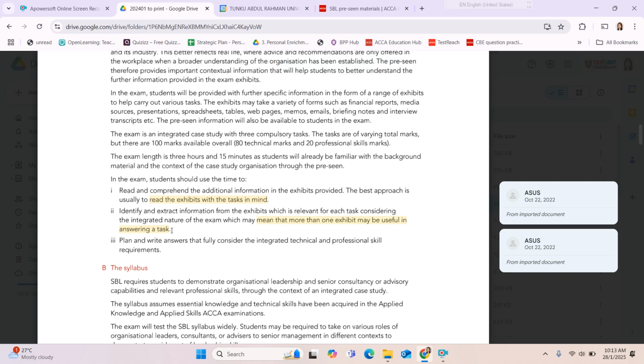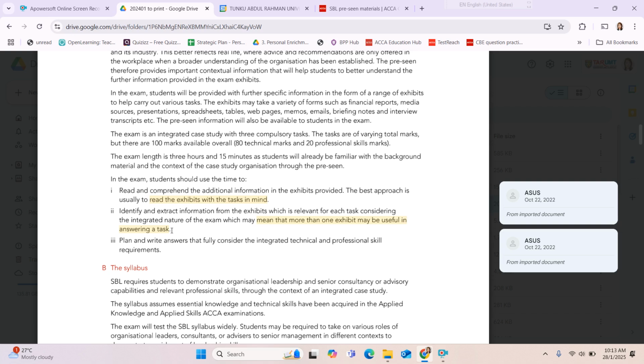I agree with this. But my experience tells me that in the new structure, it is more specific, where one particular task is related to one exhibit, or one or two exhibits are relevant to a particular task. So it is more structured in such a way.